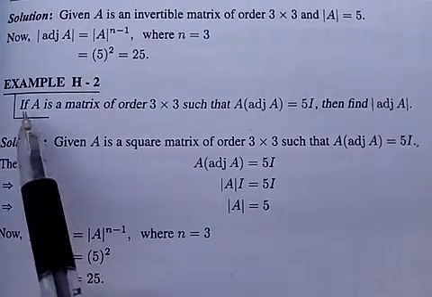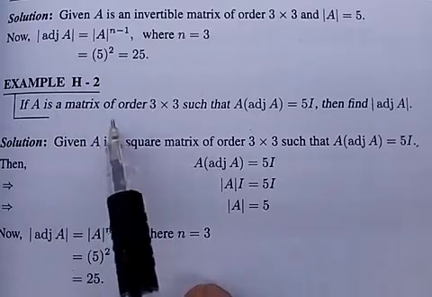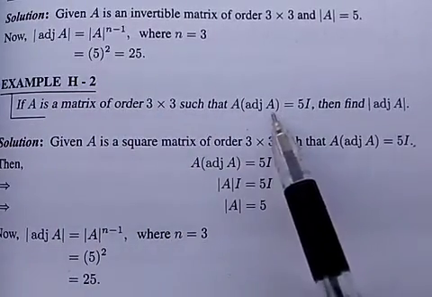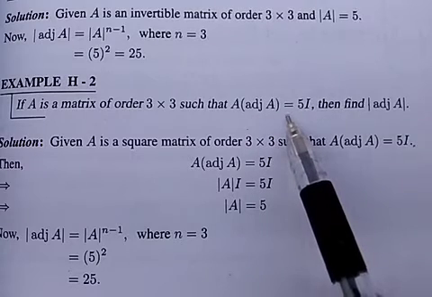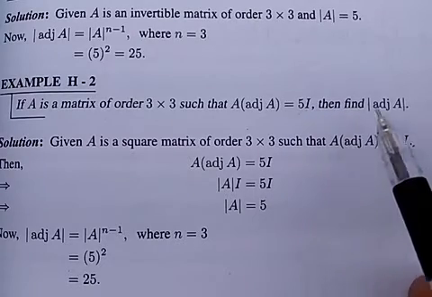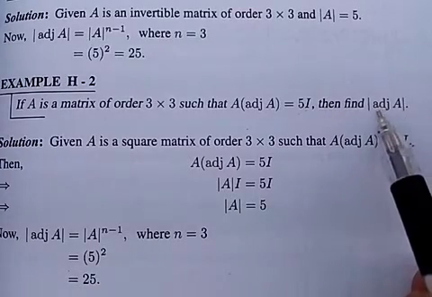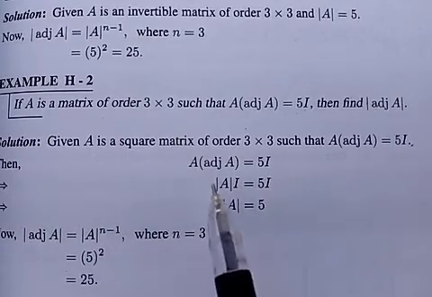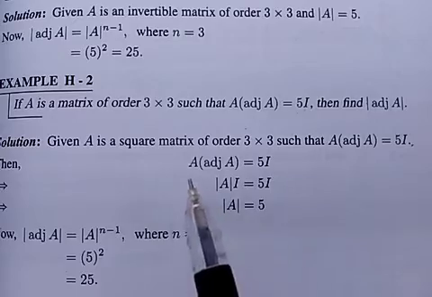Next problem we have: if A is a matrix of order 3 by 3 such that A multiplied by adjoint of A equal to 5 multiplied by identity matrix of order 3, then find determinant of adjoint of A. We can apply here adjoint property.